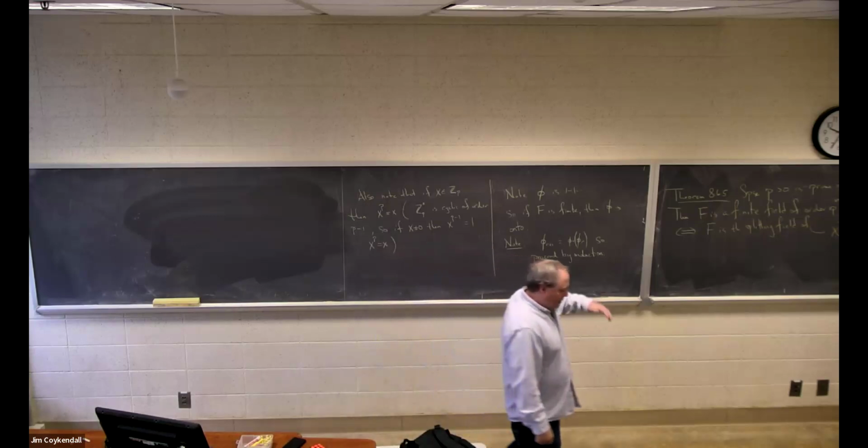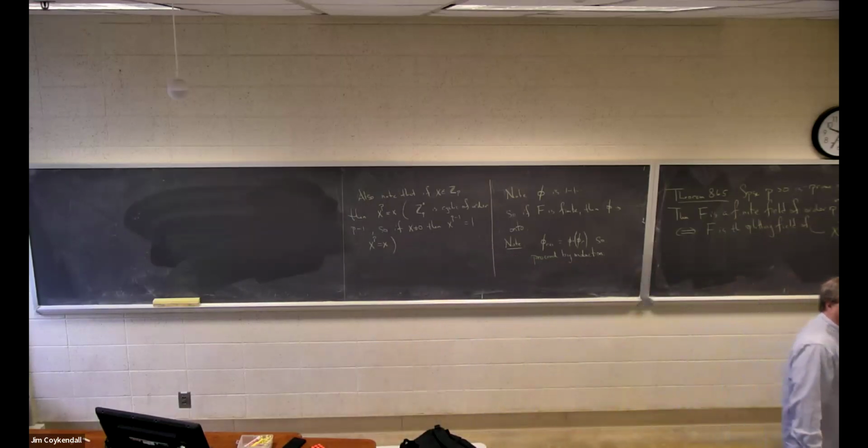Now, let me make a comment here. You can do the splitting field for any polynomial you like, right? For example, I could take the splitting field of x squared minus 1 over the rationals. It's a bit of silliness, right? Because plus and minus 1 are already rationals, so the splitting field would be the rationals, already split.